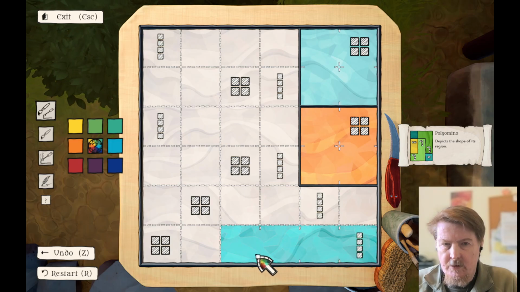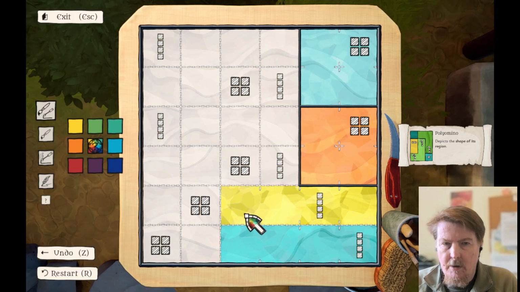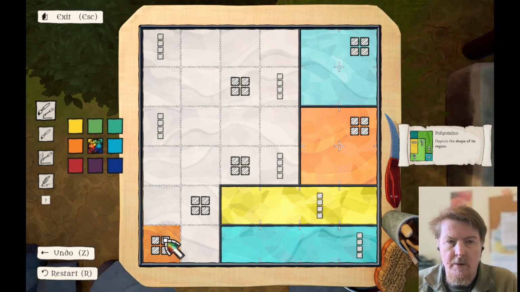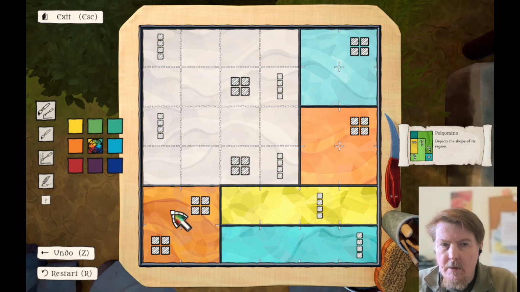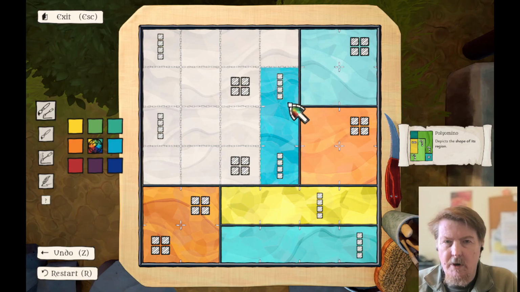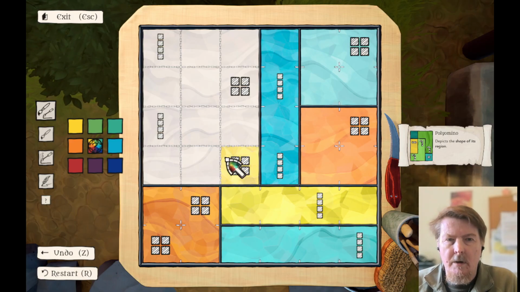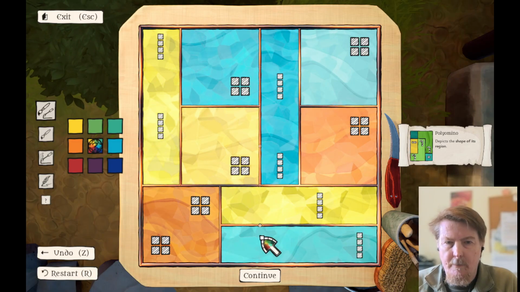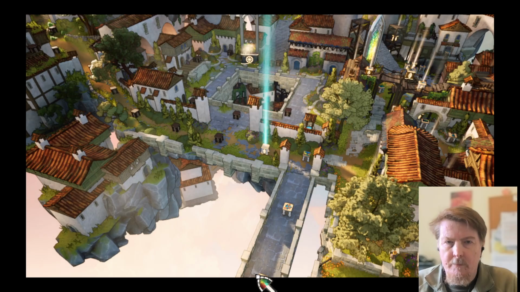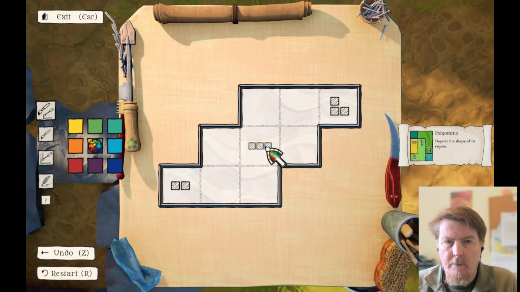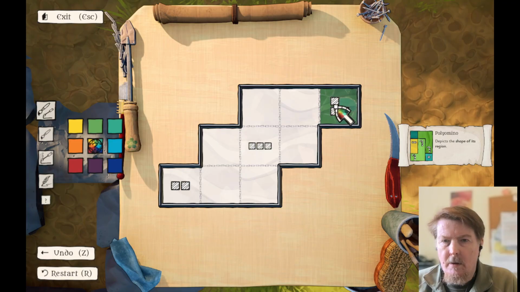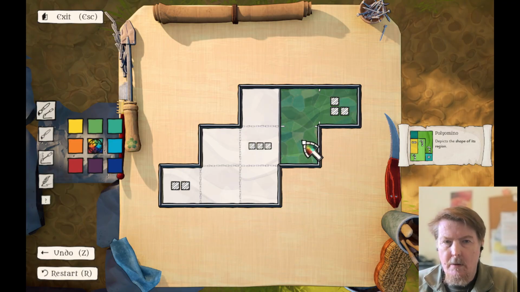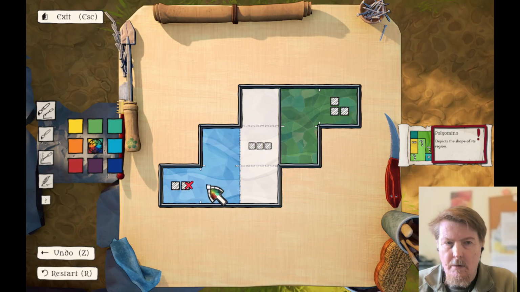Those have to go horizontally. So I can have two symbols in one area. Oops.